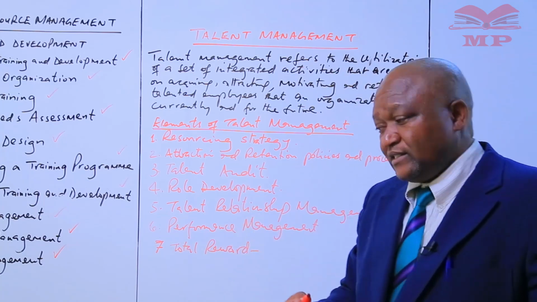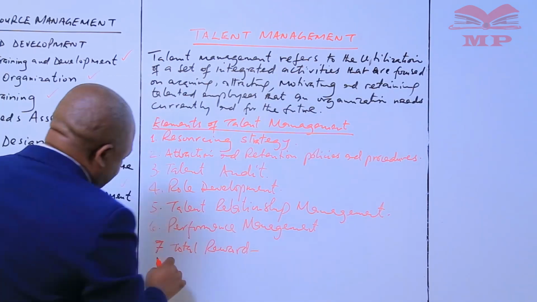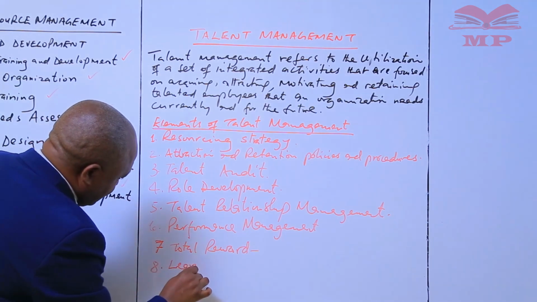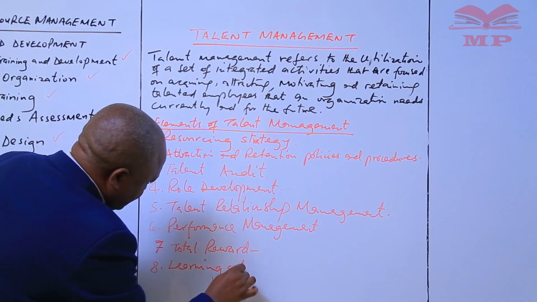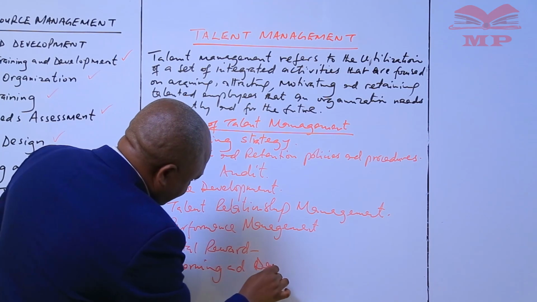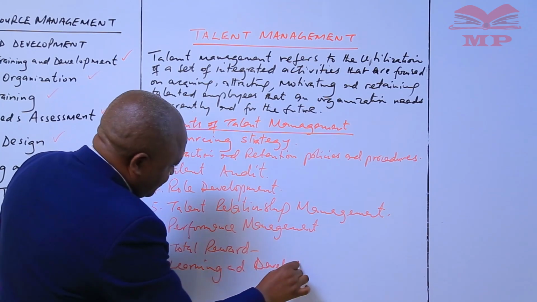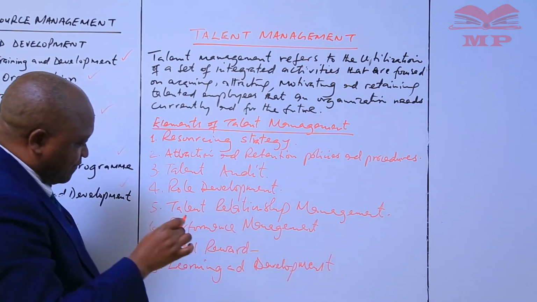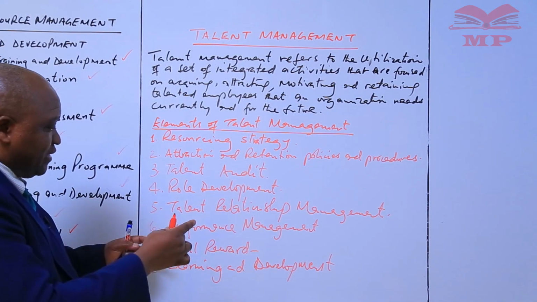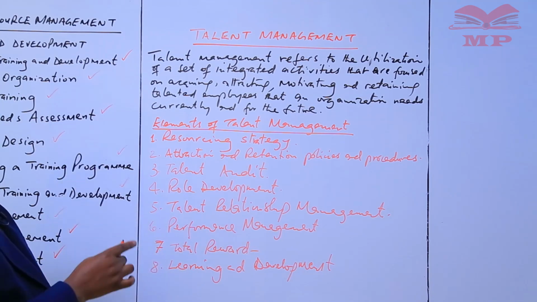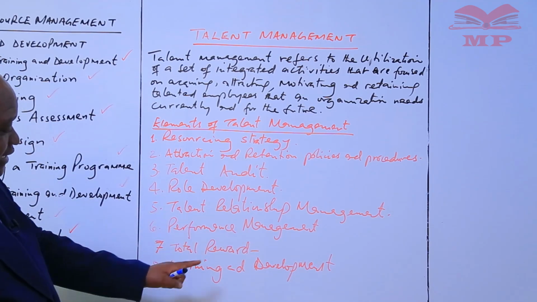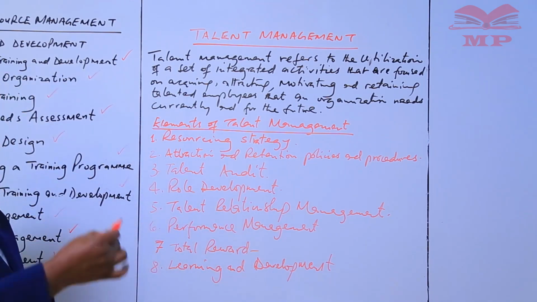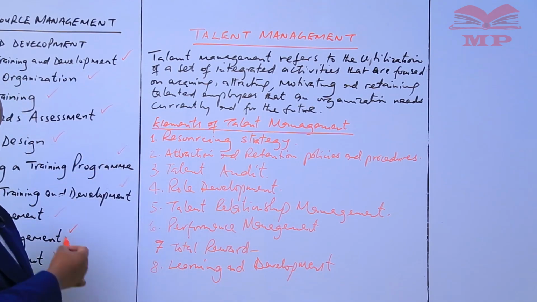Then talented workers require learning and development. What this implies is that the learning and development put in place for managing talent should be focused towards growing the talents that employees have.